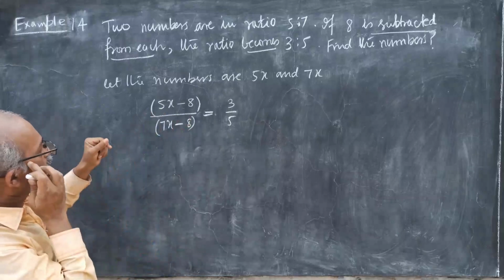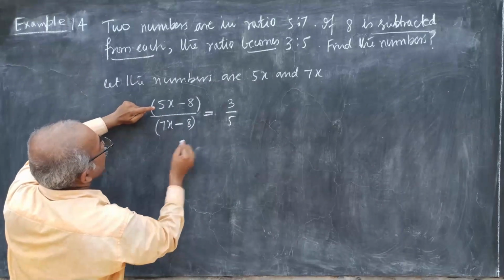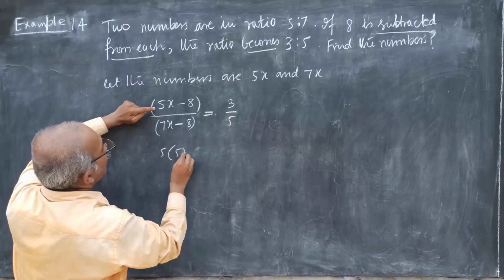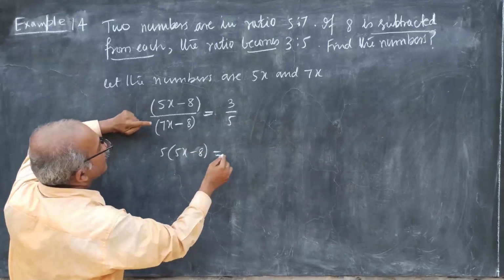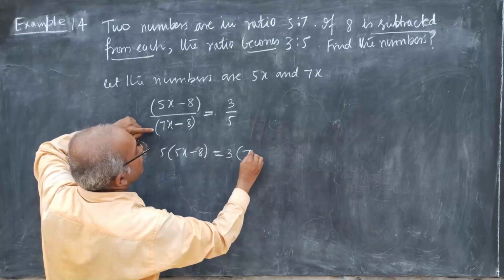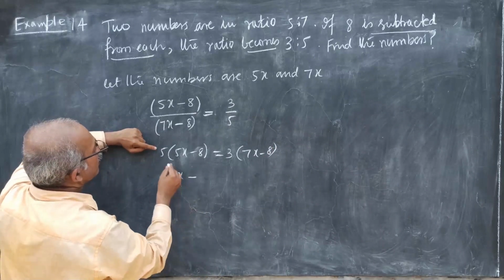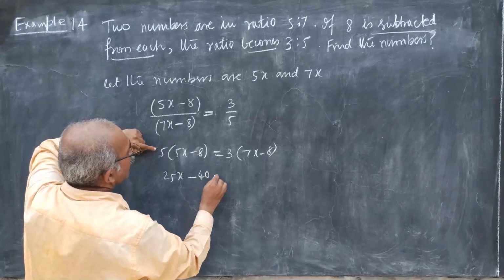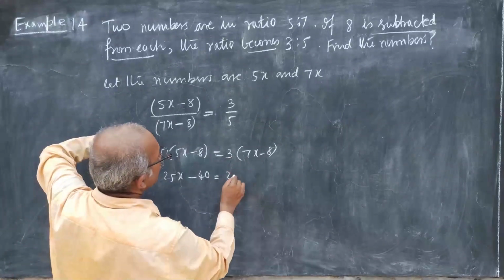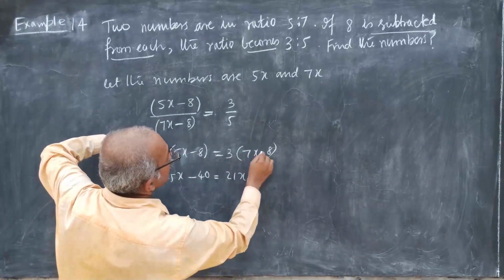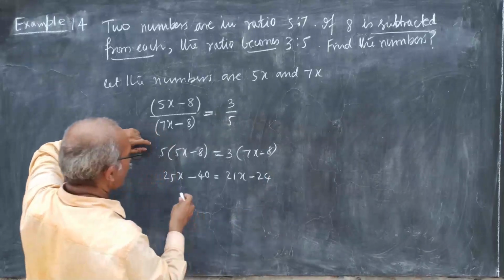Now we shall cross multiply. 5 into (5x minus 8) is equal to 3 into (7x minus 8). So 5 fives are 25x minus 40 is equal to 21x minus, 3 eights are 24.